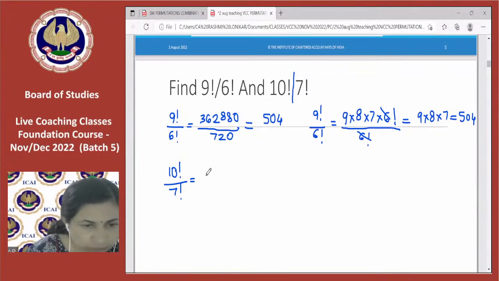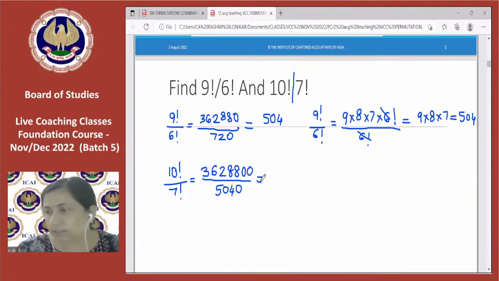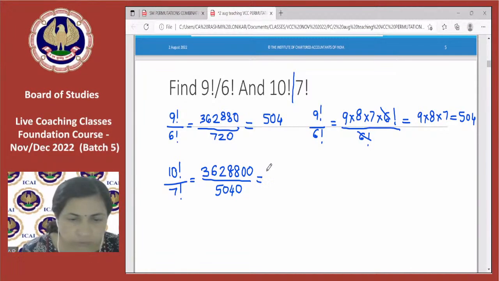So if I use the first method, 10 factorial is 3,628,800 upon 7 factorial is 5040. So what is the answer? 3,628,800 divided by 5040. Answer is 720.